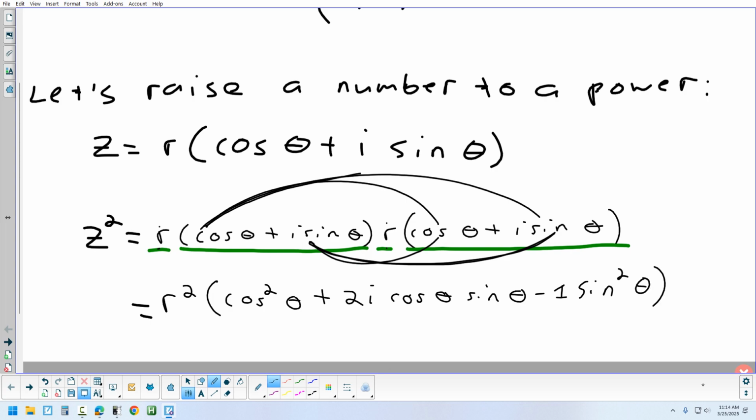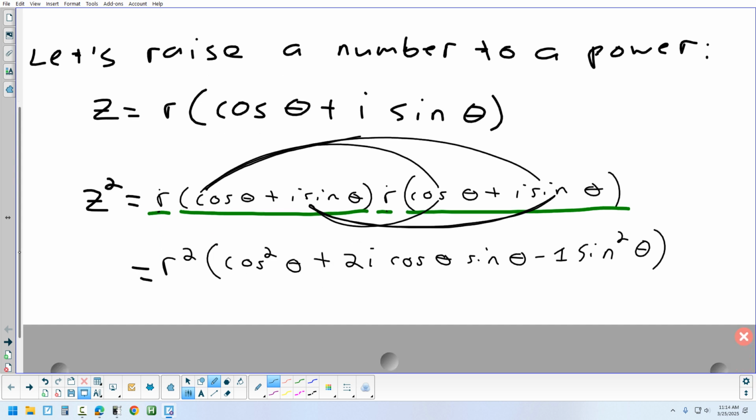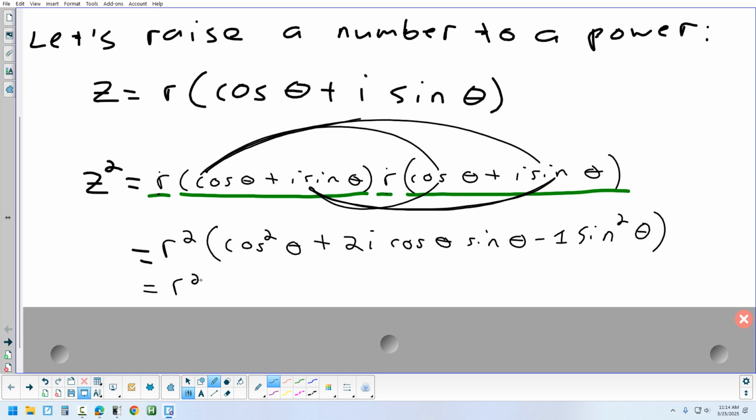Okay. So now I want to rearrange that a little bit to make it look like something hopefully you'll recognize. All right, so we've got r squared times, let's put this minus sine squared next to the cosine squared. Cosine squared minus sine squared. That's something special.